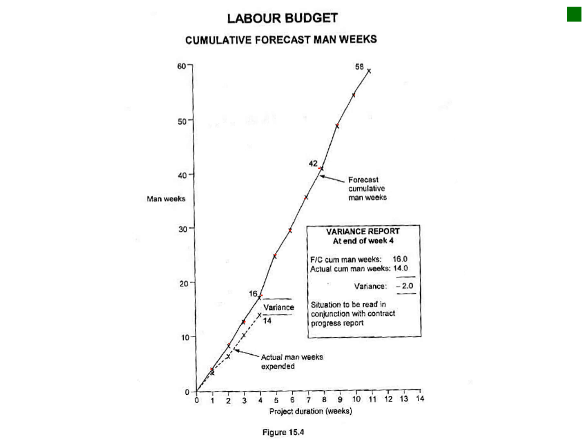Very easy to plot those, and then you just plot your actual against that, and then you can see your variance, how it grows. So you've planned 16 man weeks and you only used 14 man weeks by week 4 of your project.